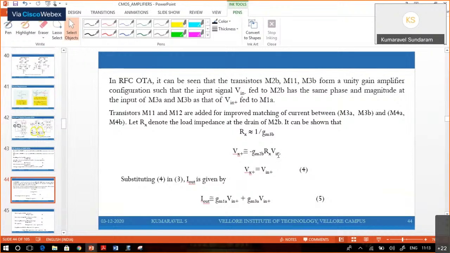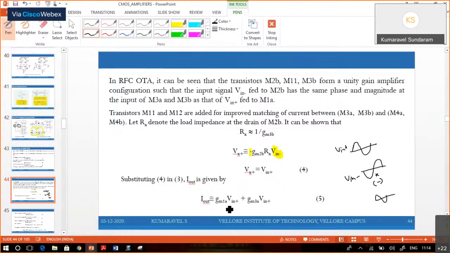Vn minus is what? One signal goes like this, so this is Vn plus and this is Vn minus. If I apply a minus to this, it becomes Vn plus. So if you observe, Vx plus equals Vn plus.